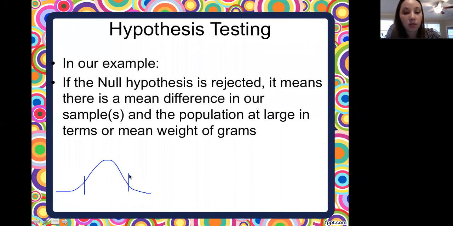Here I'm doing a two-tailed example, but this could be a one-tailed, depending on what we choose at the beginning. So say our data fall here on the edges. Our sample mean is significantly different than our population mean. In this case, we reject the null hypothesis. It's falling in the shaded regions, so we reject the null hypothesis.